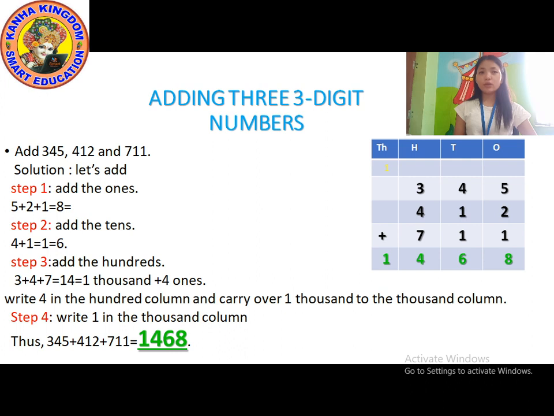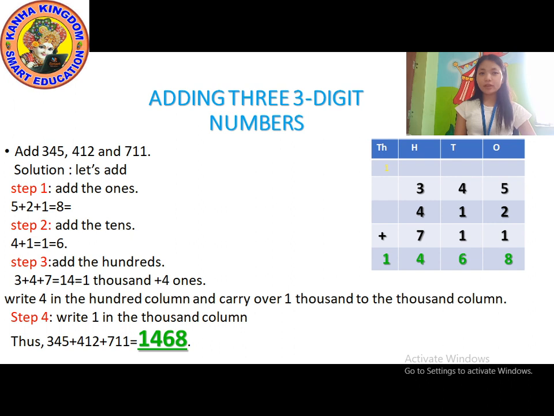In the number 412, 1 is in the tens place. In 711, 1 is in the tens place. So we take 4 from 345, 1 from 412, and 1 from 711.